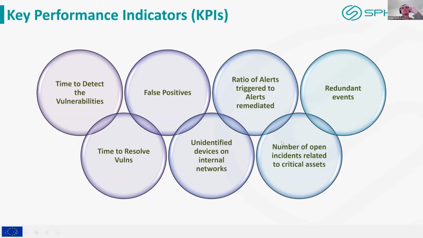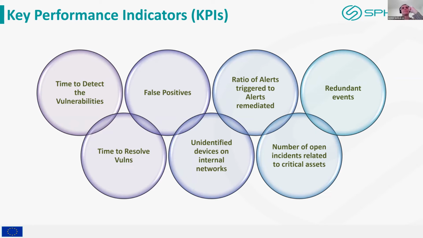So all of these KPIs have been utilized in our cybersecurity management cycle, and the SPHINX tool and our collaboration with the technical partners helped us to understand these KPIs better and how we can measure them.